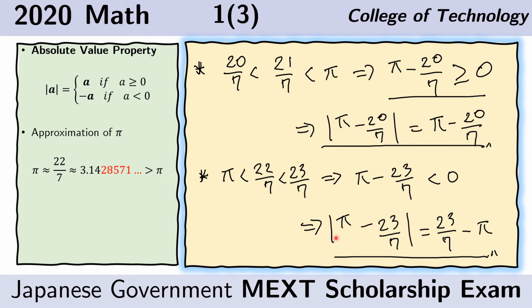And now we move to the second expression, which is pi minus 23 over 7. We know of the approximation pi is approximately equal to 22 over 7. And in fact, 22 over 7 is slightly greater than pi. We see that the third term here, or the third digit here is 2, when for the real pi, that's actually 1.